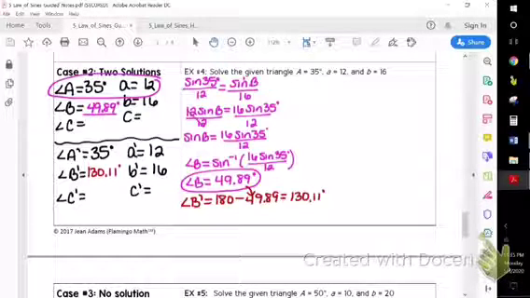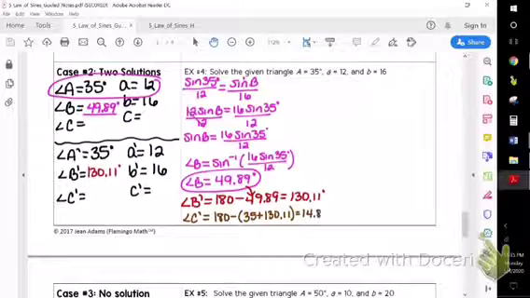Now let's go ahead and find angle C prime. Just using the rules of a triangle, we're going to take 180 minus the other two angles added together. And that gives me 14.89 degrees.